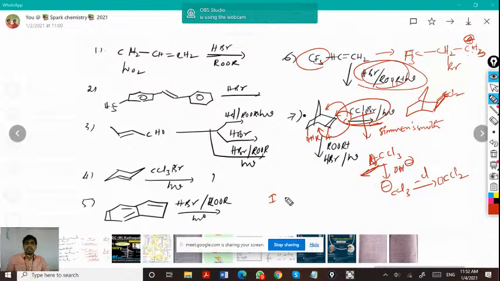The leaving tendency of the halogens is greater for iodine, then bromine, then chlorine, and then fluorine. So bromine will leave first, and in the next step chlorine will leave, so both leave to give CCl2 carbene, which is going to add here.